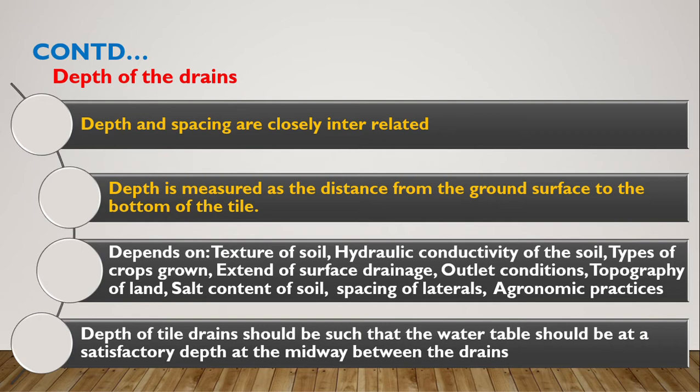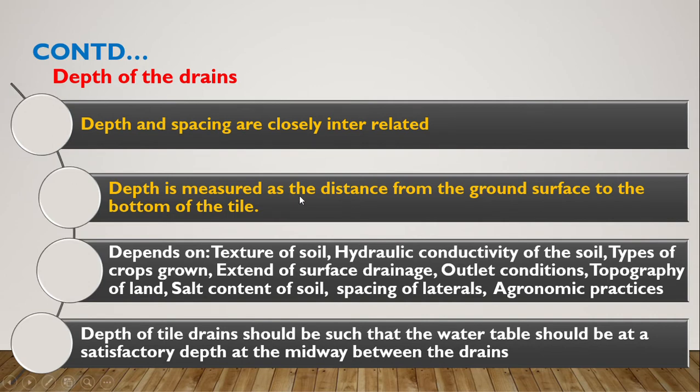We are placing the tiles below the root zone and trying to extract the excess water from the root zone. So there should be a particular depth up to which we can place the tiles. That is the depth of drains. The depth and spacing are closely interrelated. When spacing is higher, depth has an influence. We will see that later.